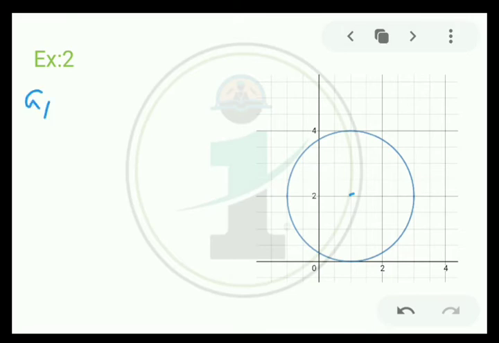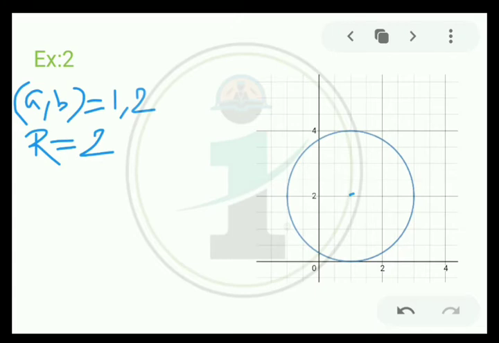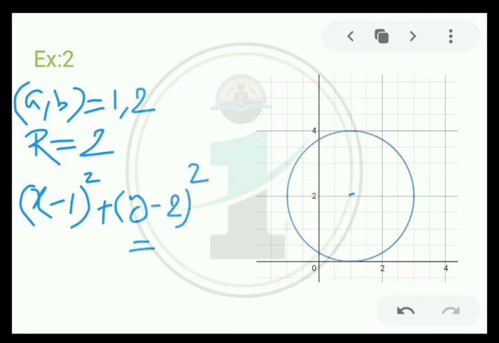So here you can see that a comma b is 1, 2, and radius is 2 as before. So the equation of the circle is (x minus 1) plus (y minus 2) whole square equals 2 square. So this one gives the equation for the circle.